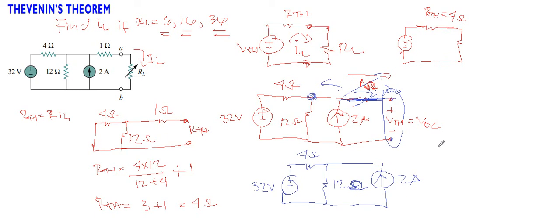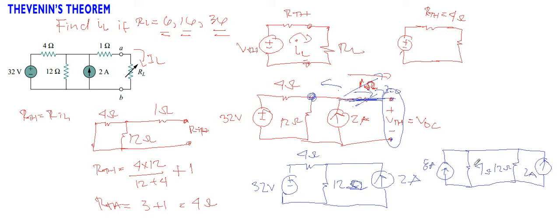So now, an 8 ampere source enters, with 4 ohms, and also 12 ohms, and also we have 2 ampere. This 8 ampere and 2 ampere are both entering this node. So they add, since they both enter this node.